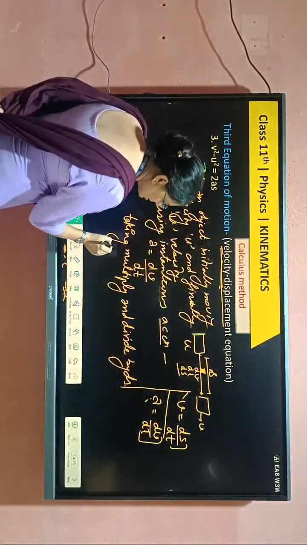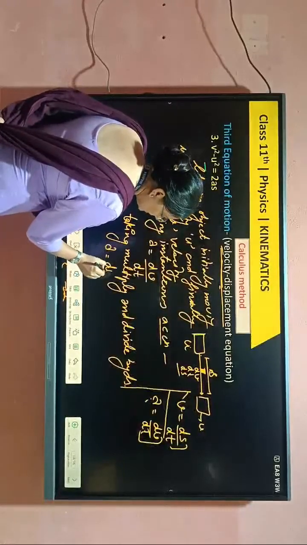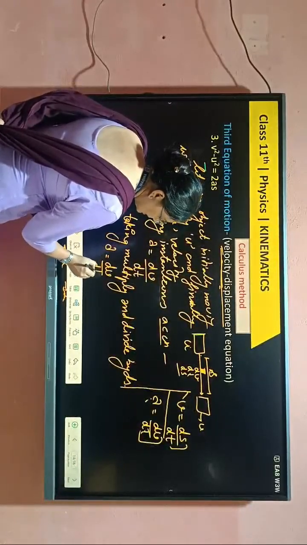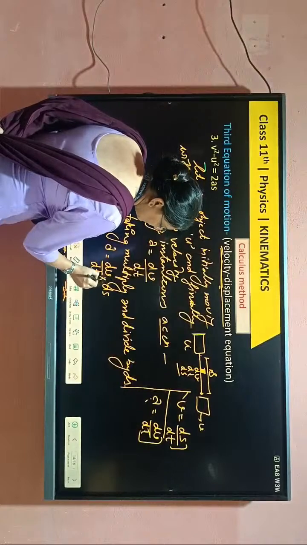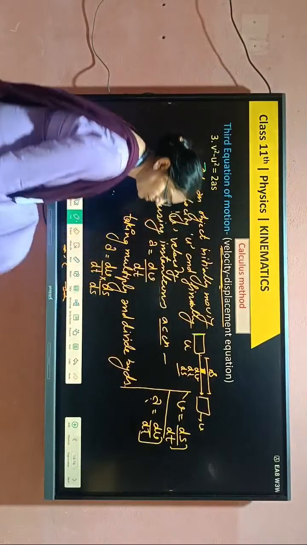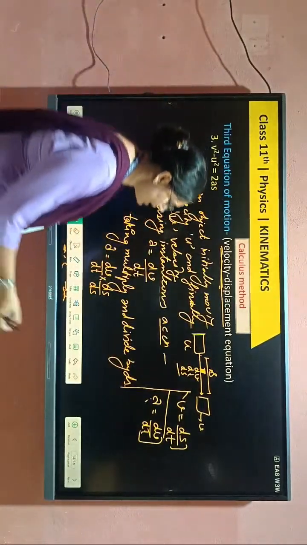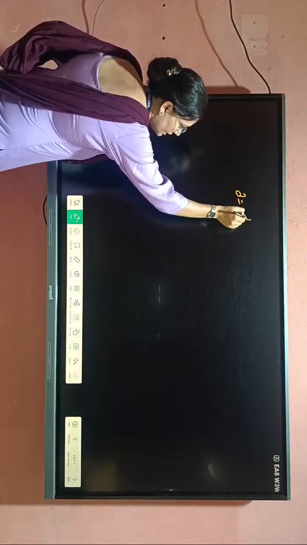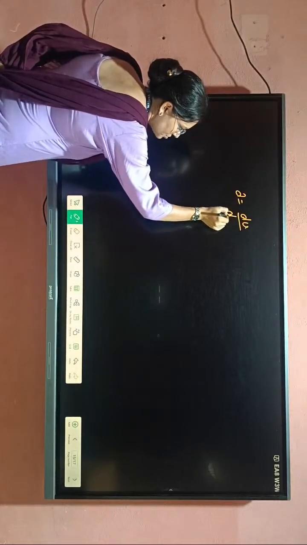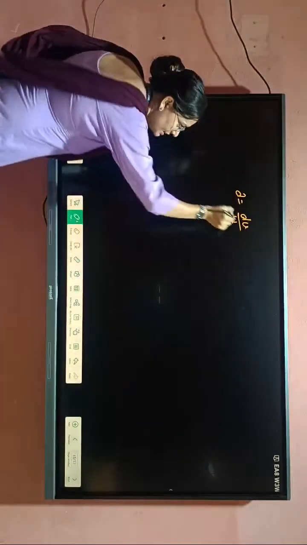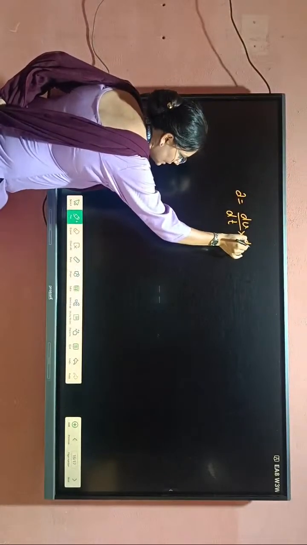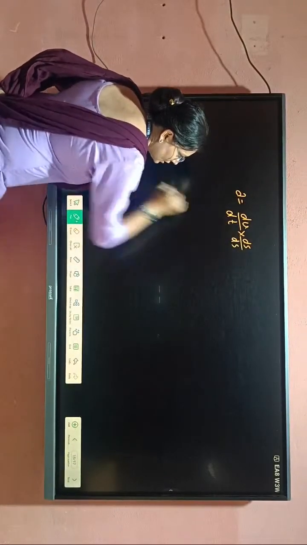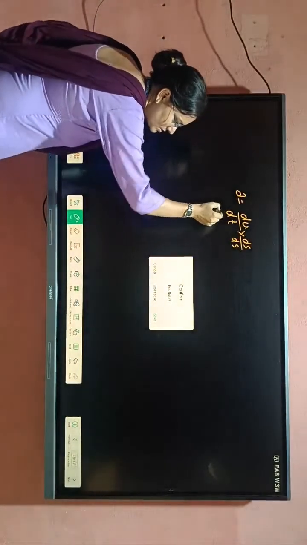So our equation will be a equals dv by dt, and we multiply and divide by ds. Solving this relation, a equals dv by dt, small change in velocity over small time, multiplied and divided by ds.